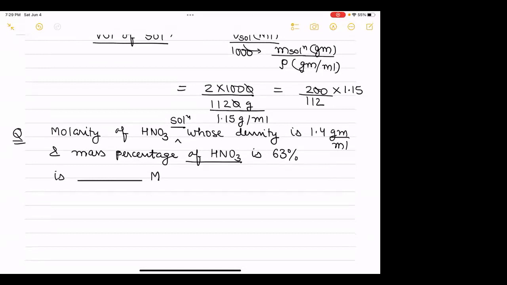You need to tell me the molarity. HNO3 molecular weight is given, it is 63. This is a subjective question, so you need to mention the data.